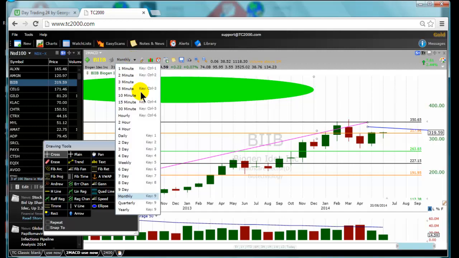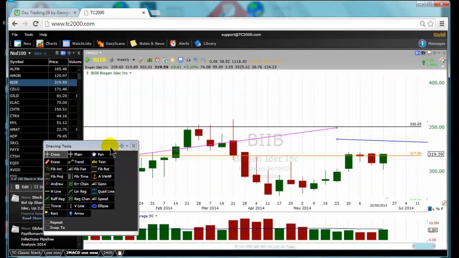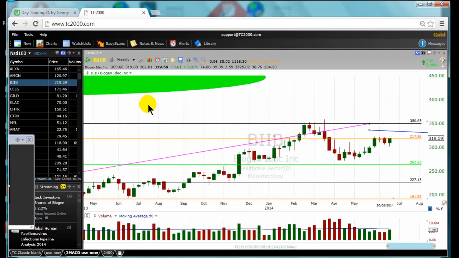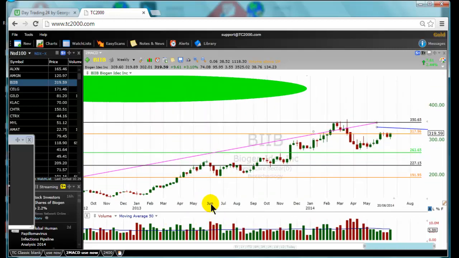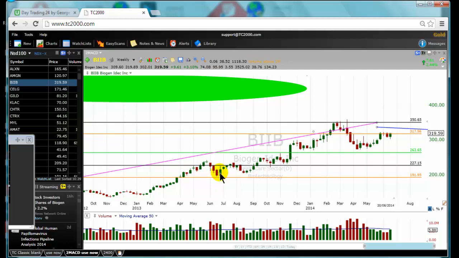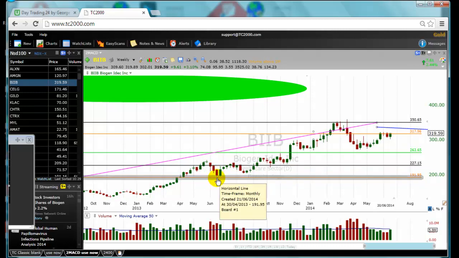We're going to go now to the weekly chart, and I want you to pay attention carefully. June 2013, hopefully we'll see on my chart, is here. This is June. Do you see here? The price was going down and came near the support level.